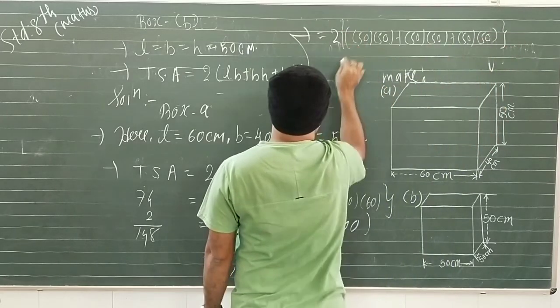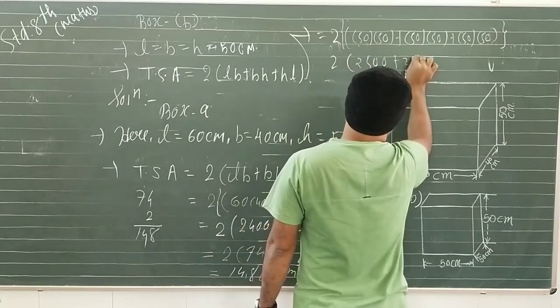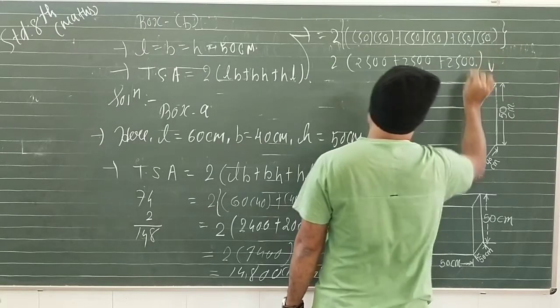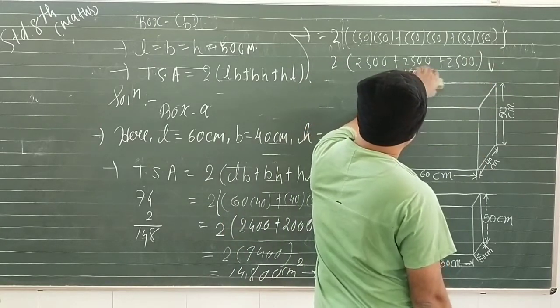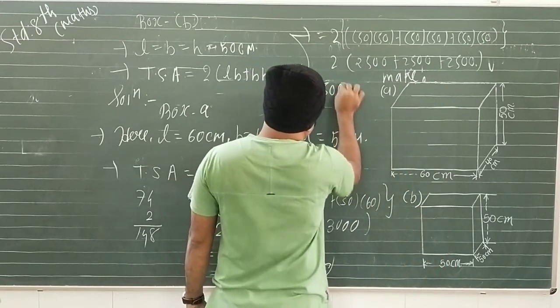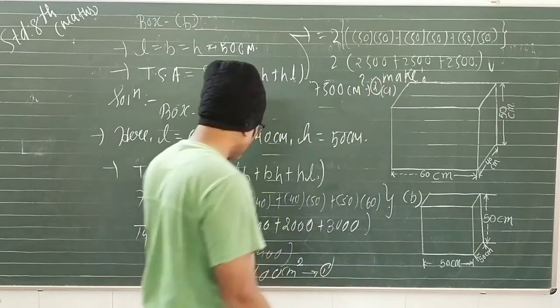So 2500, 2500 and 2500. 2500, this is 5000 and 7500. 7500 centimeter square.